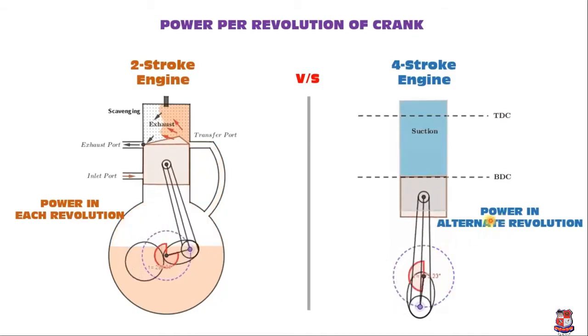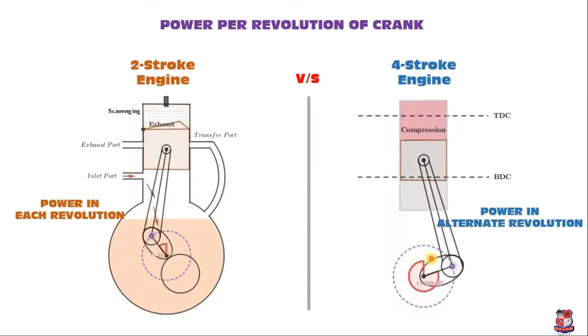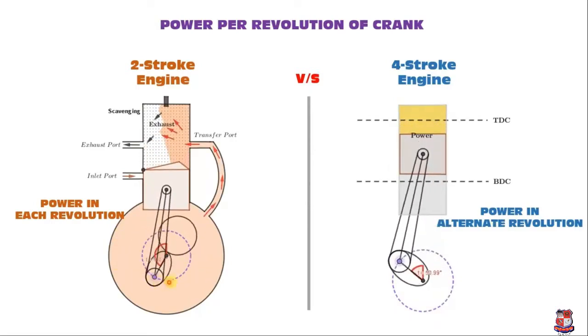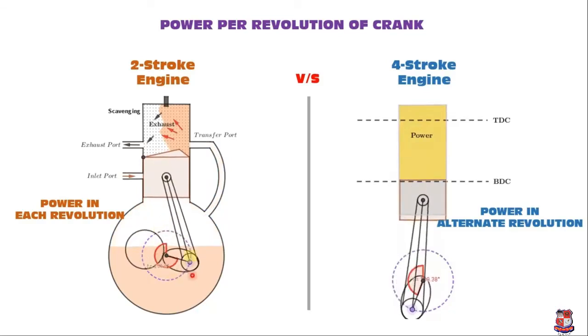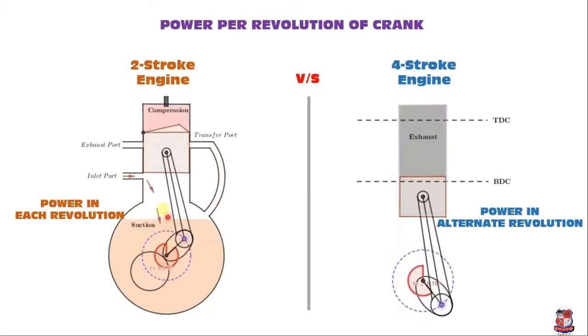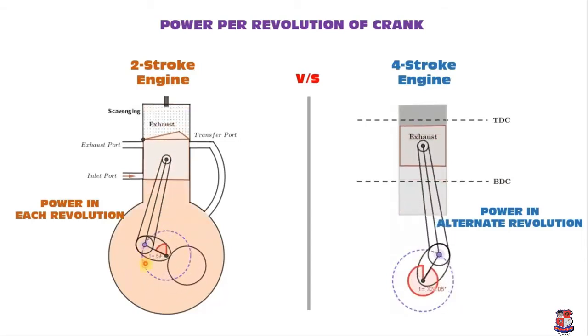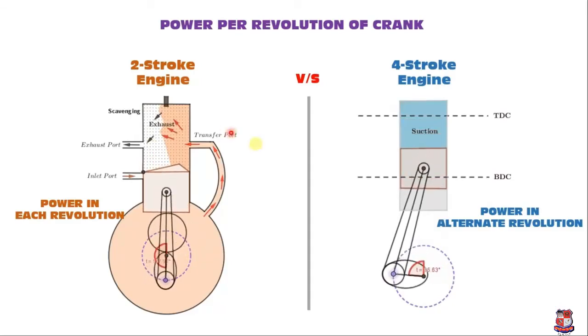Okay, so power is generated in alternate revolution of crankshaft, while in case of 2-stroke engine you can see that in each revolution power is generated. This is first stroke suction compression, then second stroke. So in each revolution power will be generated in case of 2-stroke engine.